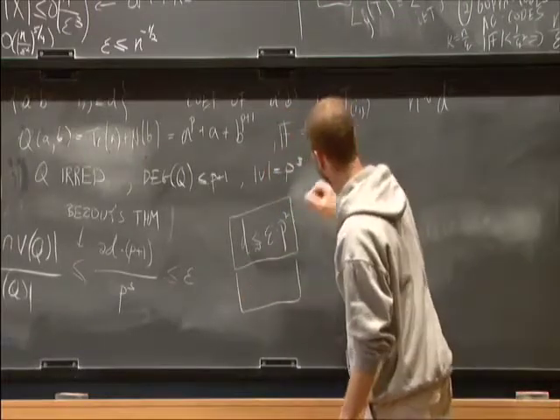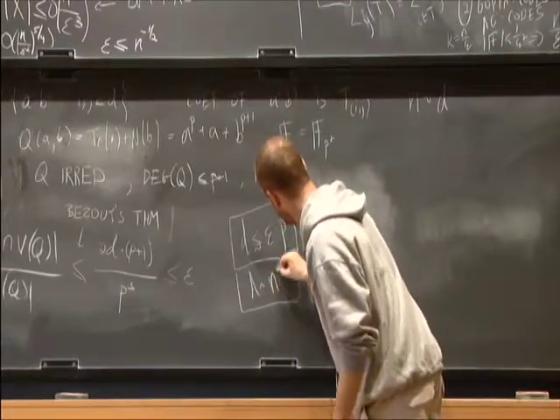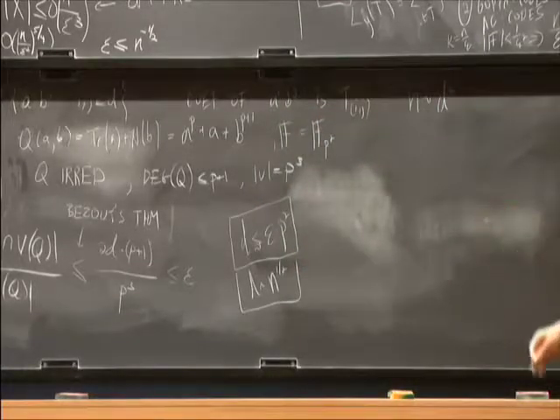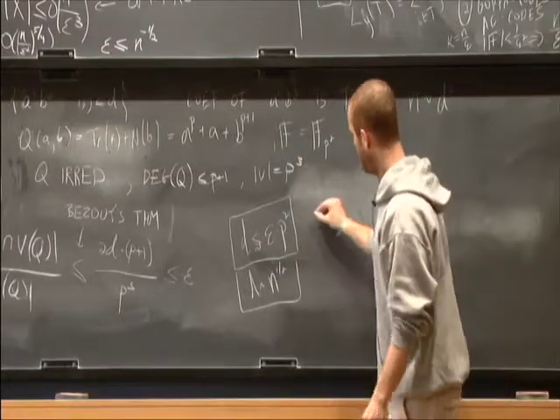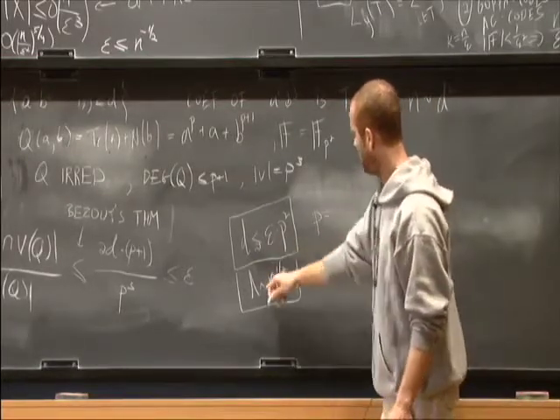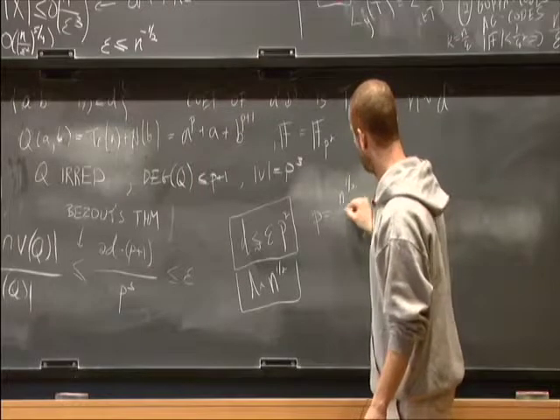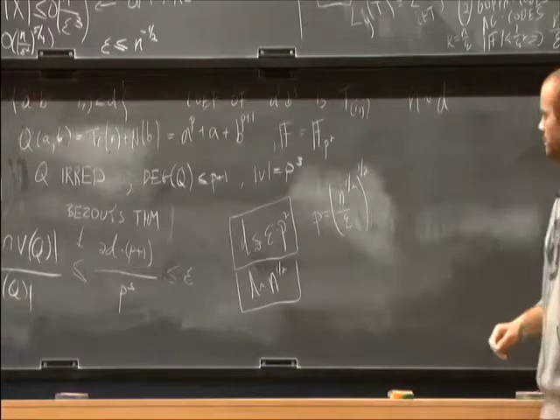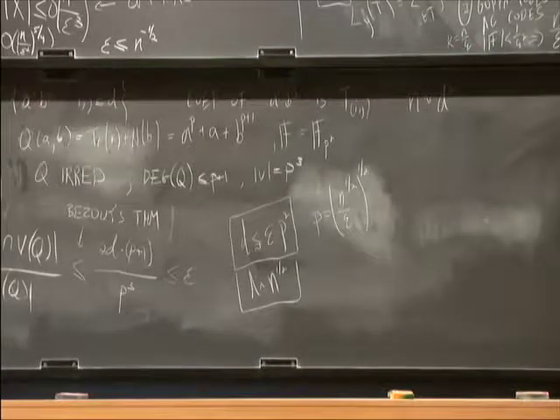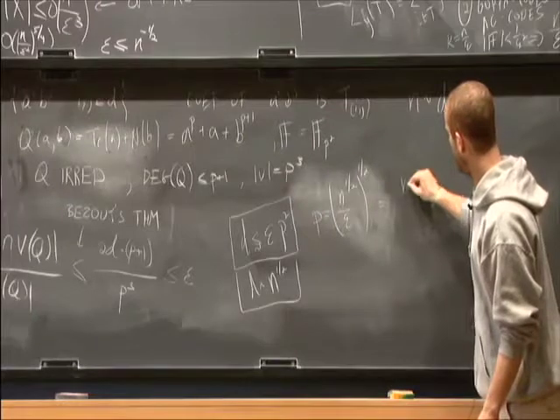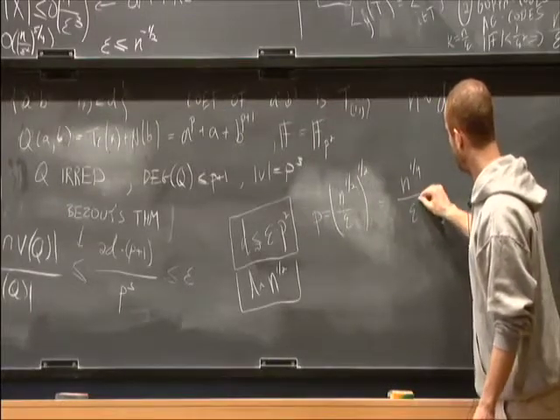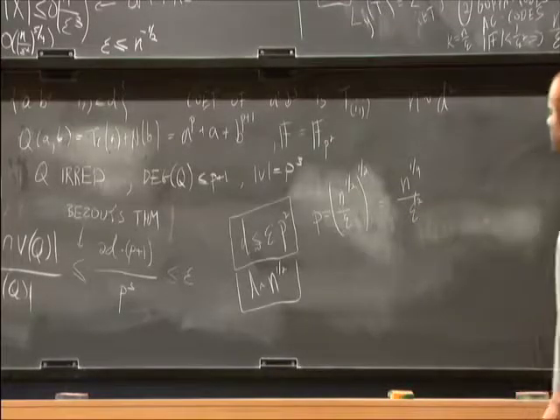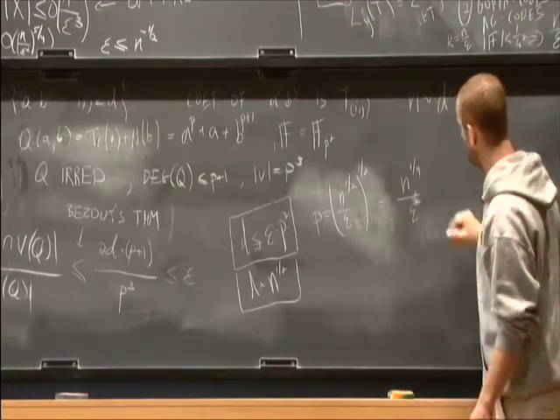Another condition that we have from before is d roughly n to the 1/2. So we choose d to be roughly n to the 1/2. And this tells us that p should be n to the 1/2 over epsilon to the 1/2. No, which is n to the 1 over 4 over epsilon squared. You're confusing me.